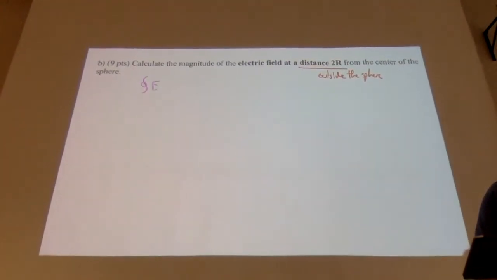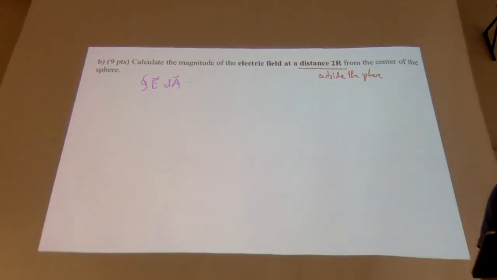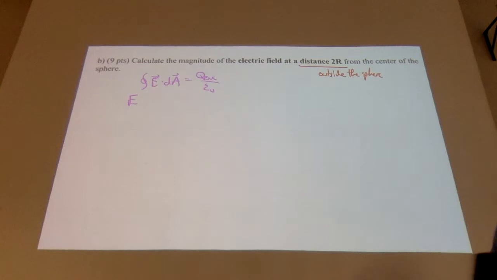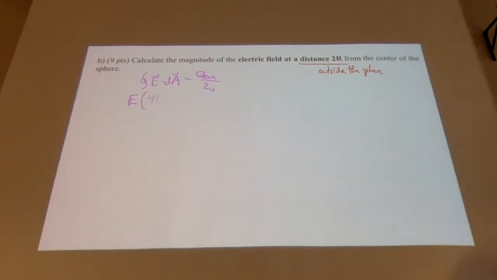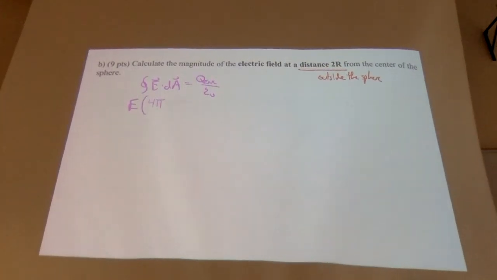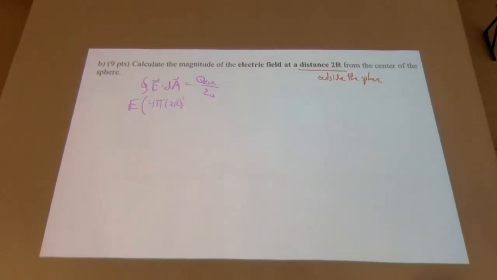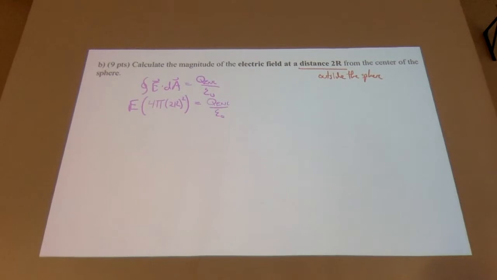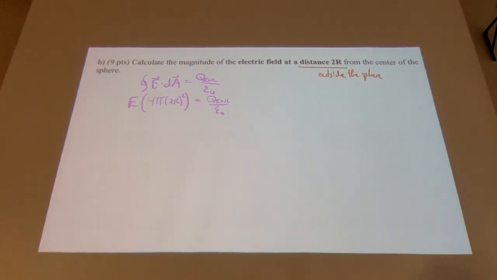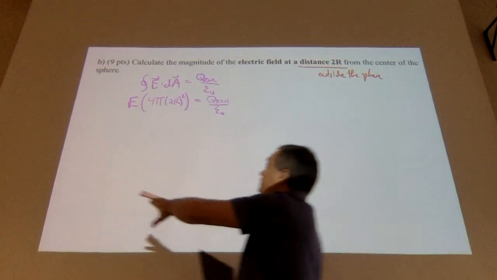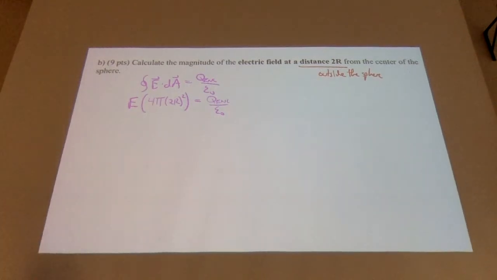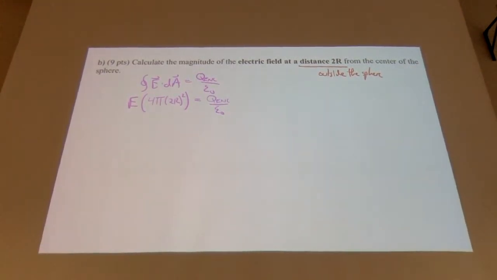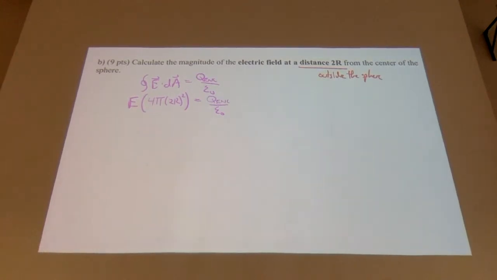Starting with Gauss's law, E dot dA equals Q enclosed over epsilon naught. This is again going to be E times 4 pi, and this time it's 2r squared, equals Q enclosed over epsilon naught. And we're just going to clean up what's on the left, solve for E, and plug the numbers in. This one happens fast. Anytime you have all of the charge enclosed, life gets relatively simple.